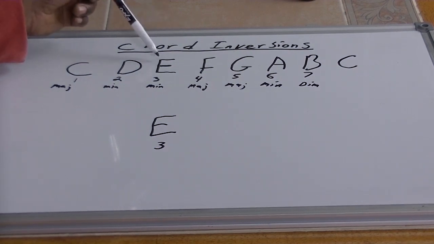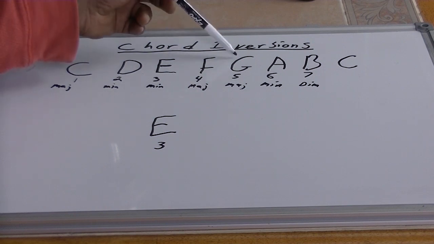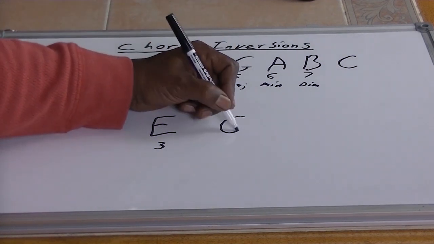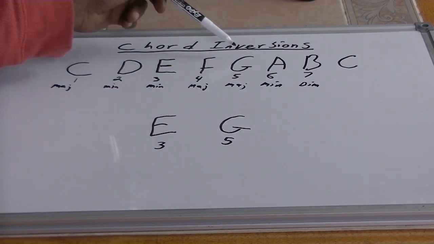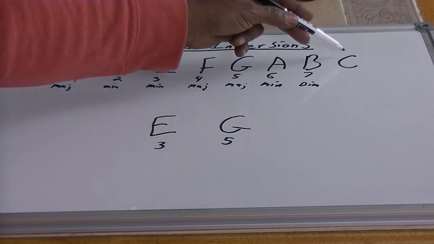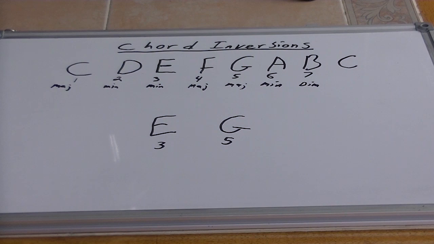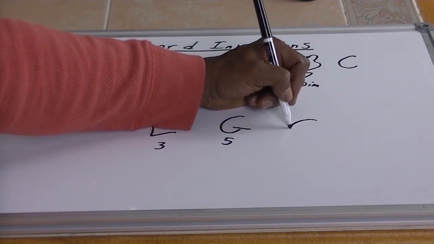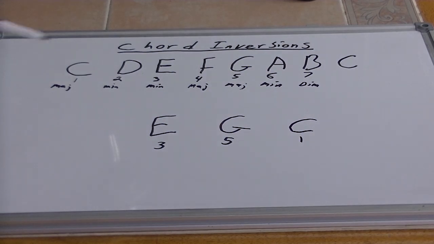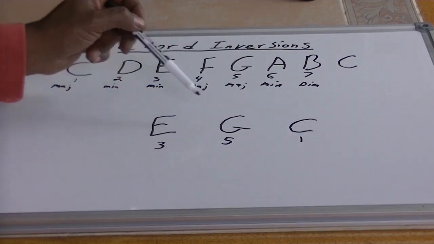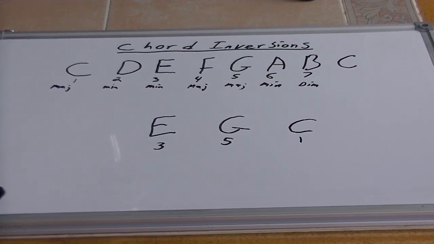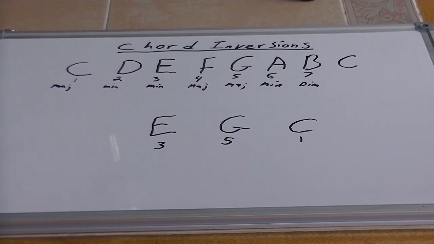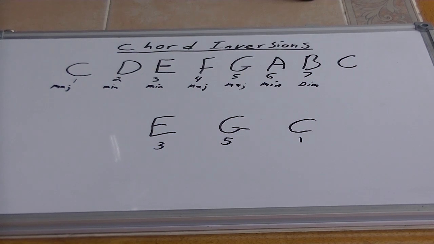Then we would proceed upwards in pitch to the G note, which is the 5th note of the scale. From there, we would proceed upward in pitch until we came to this octave C, the C that I have the number 1. So now we have the root note, but the root note is higher in pitch than the other 2 notes. When we switch the notes around like this, we create what's known as an inversion. So we have an inversion of a C major chord.